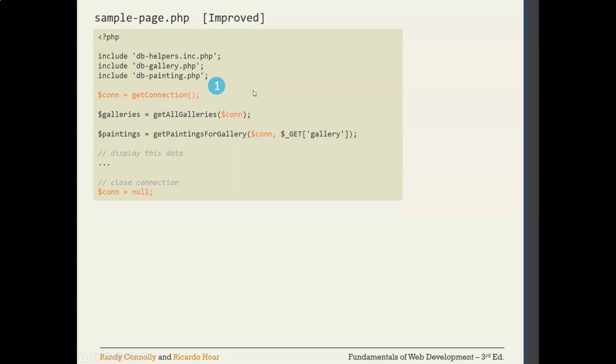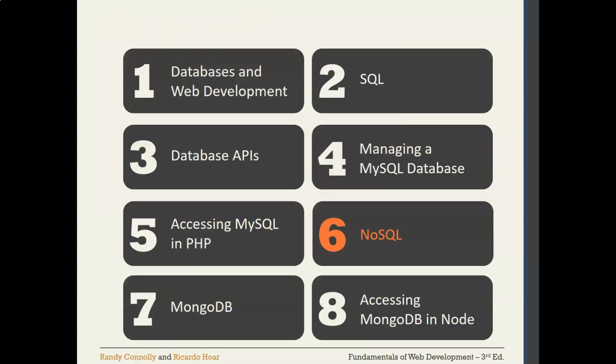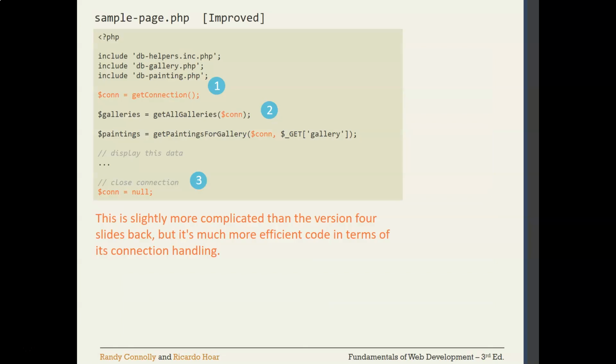We need that because get connection is defined inside of DB helpers. So we get connection, get all galleries, get all paintings. You can see here that we're passing in the connection. The nice thing about this now is we also solve our minor problem, meaning that we can actually close the connection. So it's slightly more complicated, but it's much more efficient in terms of its connection handling. All right, we are done.